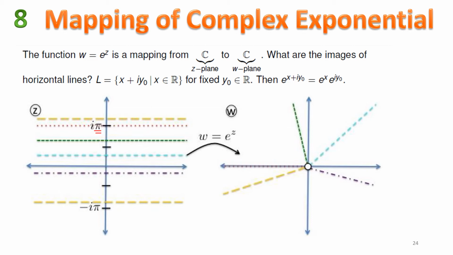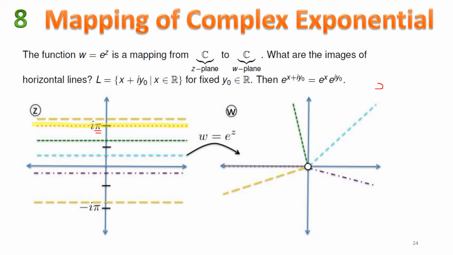Here we are talking about this dotted line, which has a y value that remains constant, that is pi, and this y0 is being replaced by pi.